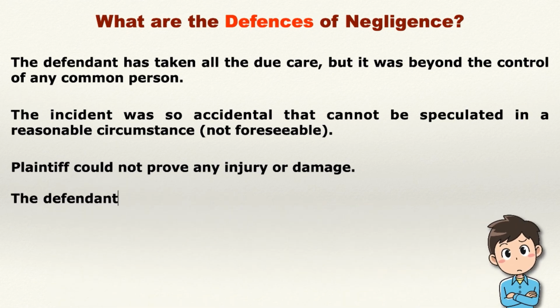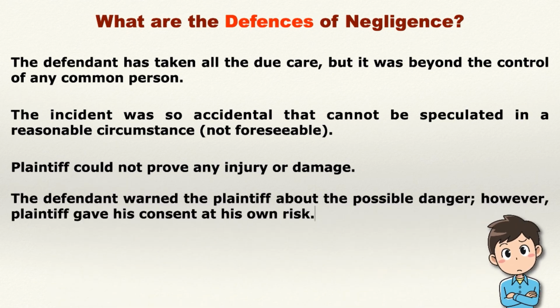Next one is the defendant warned the plaintiff about the possible danger. However, the plaintiff gave his consent at his own risk. Okay, so you can take the example of walking on the floor of a hotel where some cleaning work is going on and a caution has been put there that the floor is wet, so take precaution, but you didn't pay attention to that caution and you had an accident, you will be responsible.